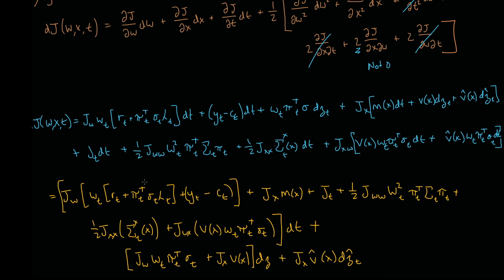Okay, but we only want the drift, so this is all gone. Go away. And actually, we're going to divide at the end by dt, if you remember, so that actually goes away too.